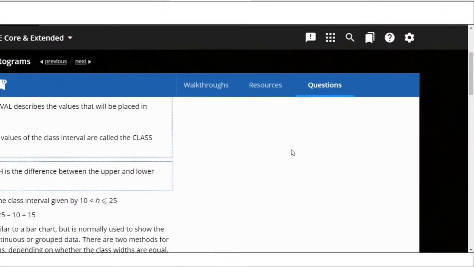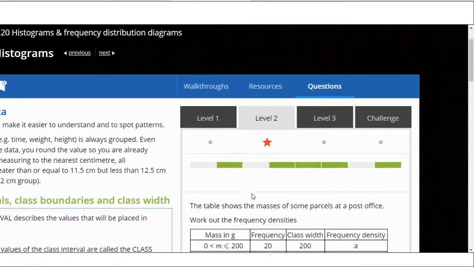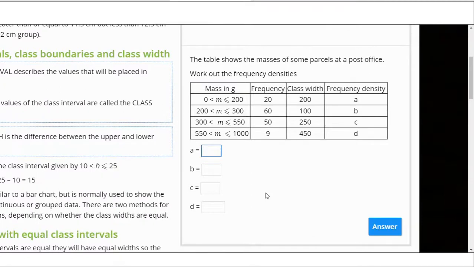Next questions. Okay, almost. One, two, three. Three more. The table shows the masses of some parcels at a post office. Work out the frequency densities. Again, frequency density is frequency divided by class width. So 20 divided by 200 is 0.1, right? And then B, 60 divided by 100, 0.6.